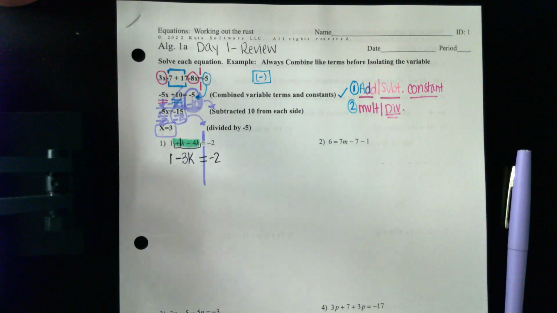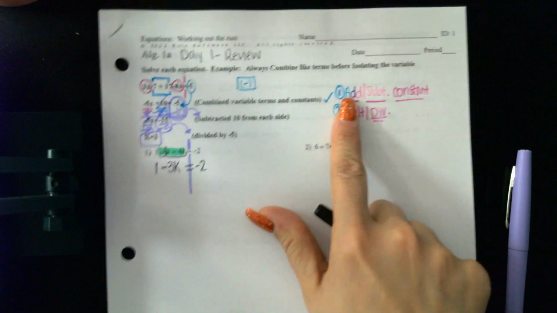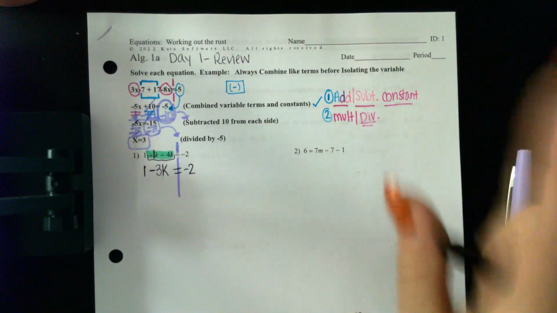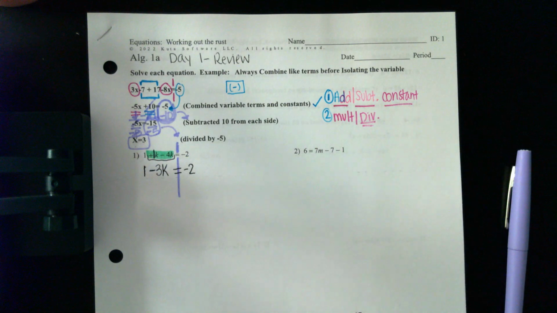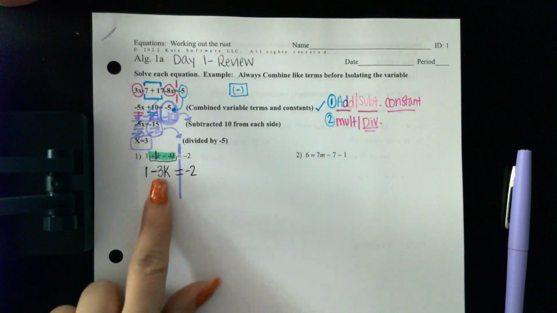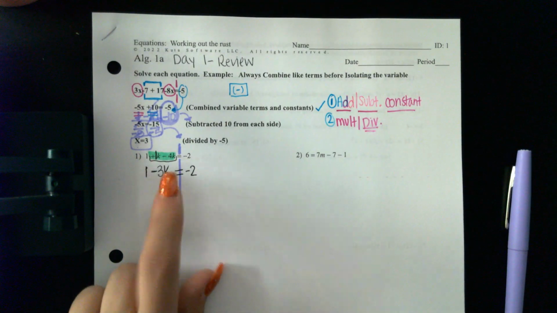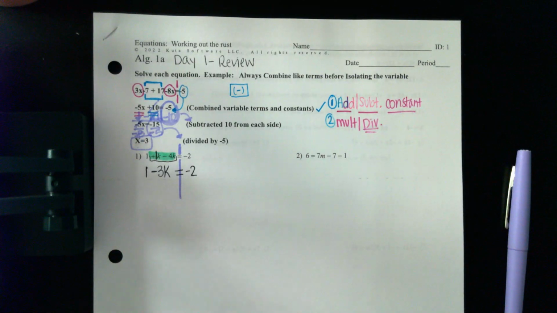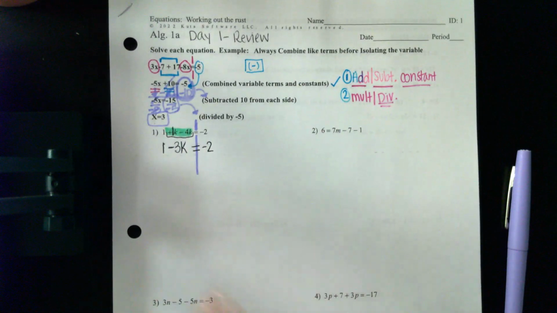So step 1, we combined like terms. Step 2, we are going to add or subtract the constant that we need to move away from the letter. When you look here, what number is the constant? Is it the 1 or the -3? It's the 1.